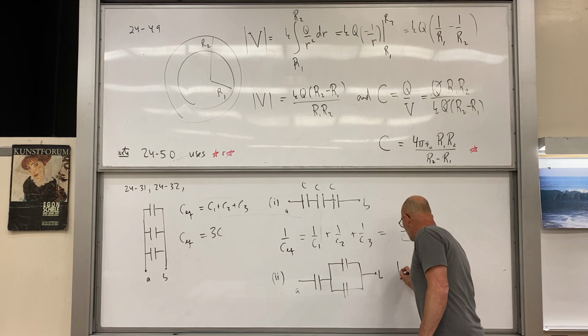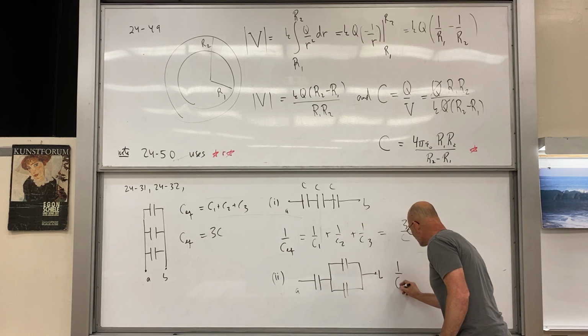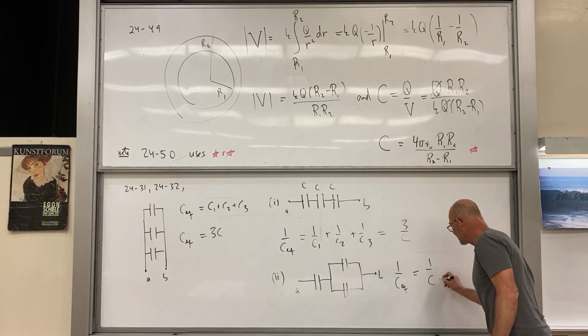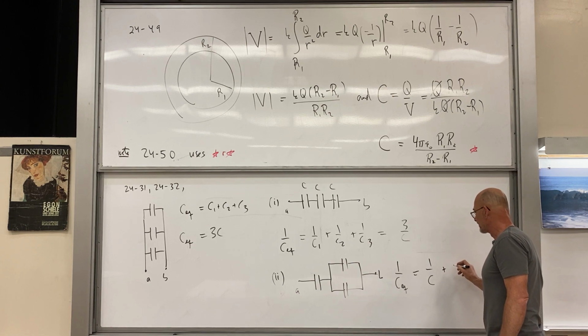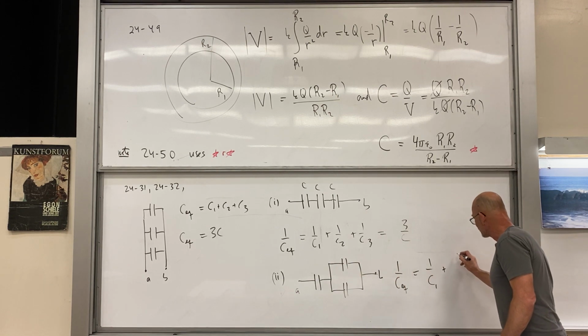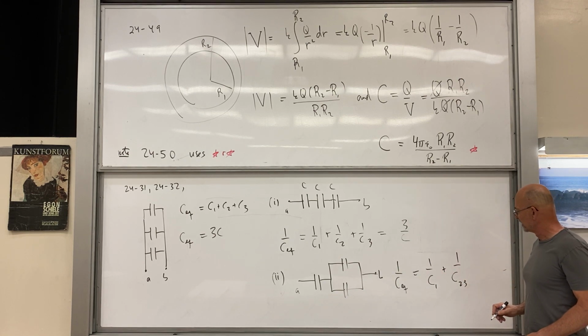Because these 2 are in series, you can say 1 over C equivalent is equal to 1 over C plus, I'm going to label them 1, 2, and 3, plus 1 over C sub 2,3. Now you have to find what's C sub 2,3.